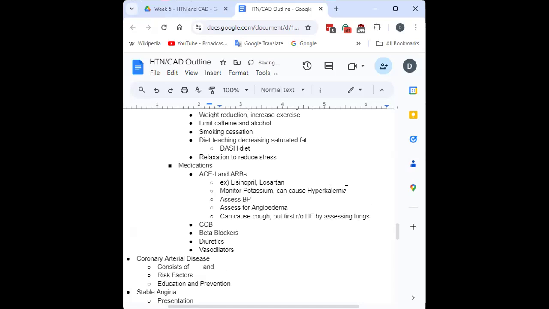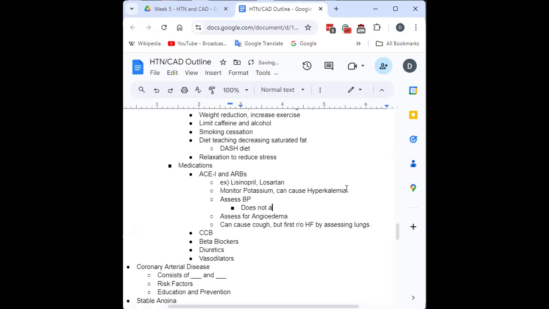It does not affect heart rate, but only affects your blood pressure. So, when would you hold it with your BP?